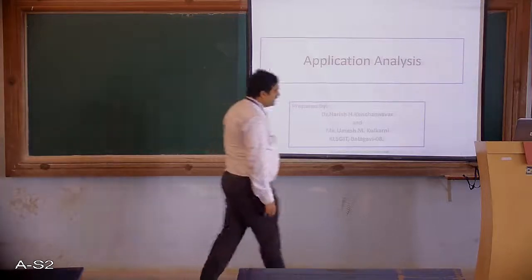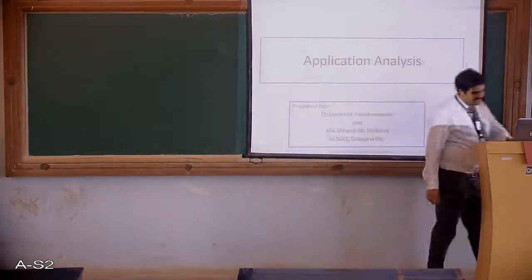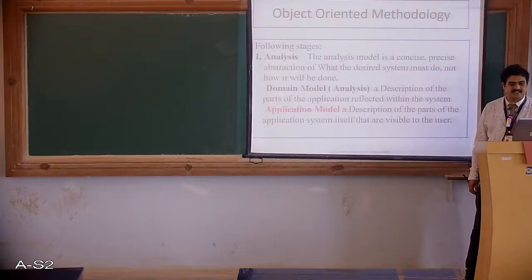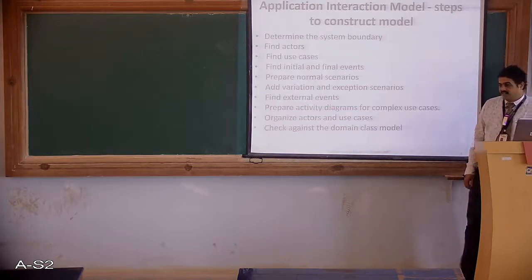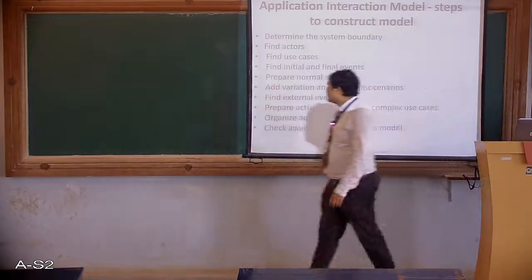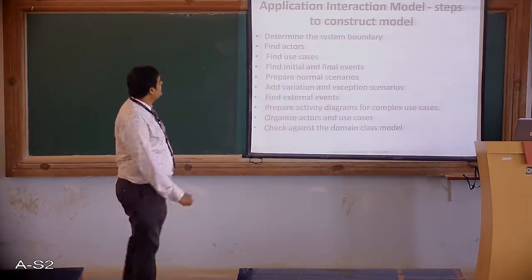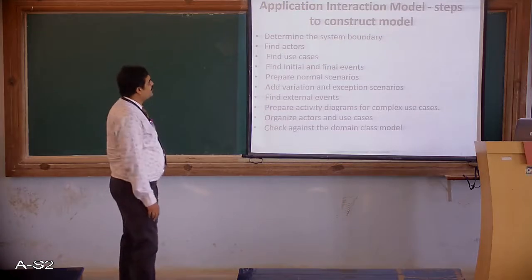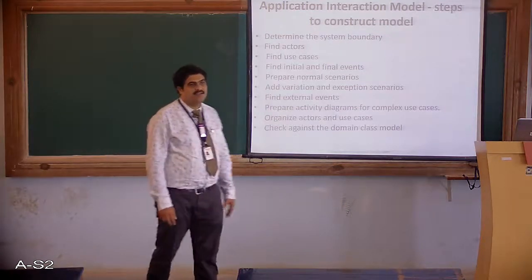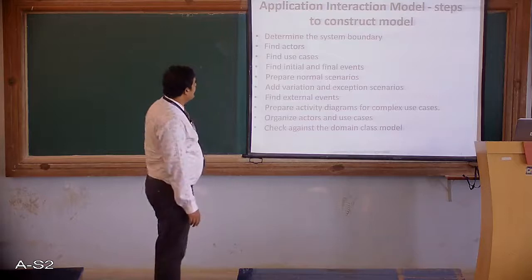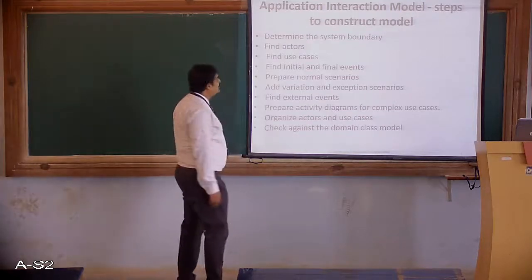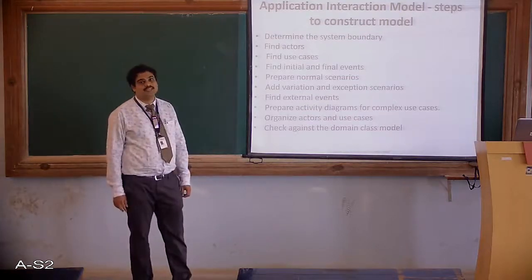As you are aware, these are the different steps we had discussed. There are a total of 9 steps specified in the application analysis of the interaction model. Whenever I say interaction model, it concentrates on the use case model.